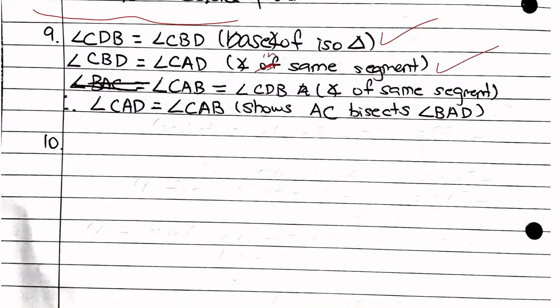Then angle CAB equals angle CDB. Angles in same segment again. Yes. So that means that we have CAD equals CAB. Hold on a second. CDB and CAB.